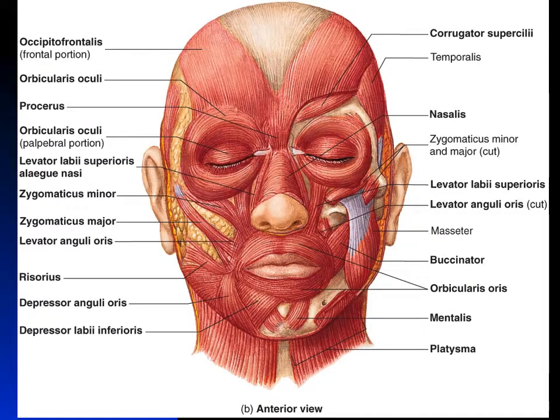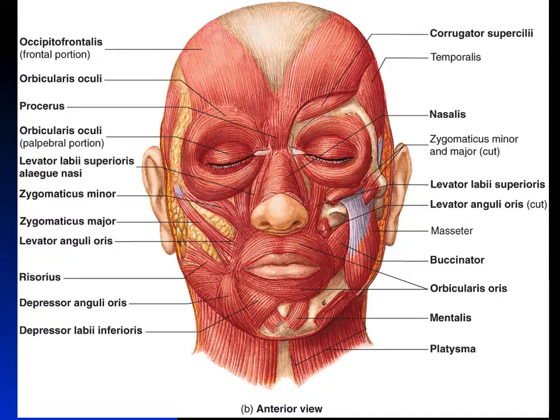Here's a frontal view of some of the same muscles. You can see the zygomaticus, the masseter, the buccinator, the orbicularis oculi, the orbicularis oris. You can also see the depressor anguli oris. This is to pull the corner of the mouth down, like when you make certain facial expressions, like you're pained or you're frowning.